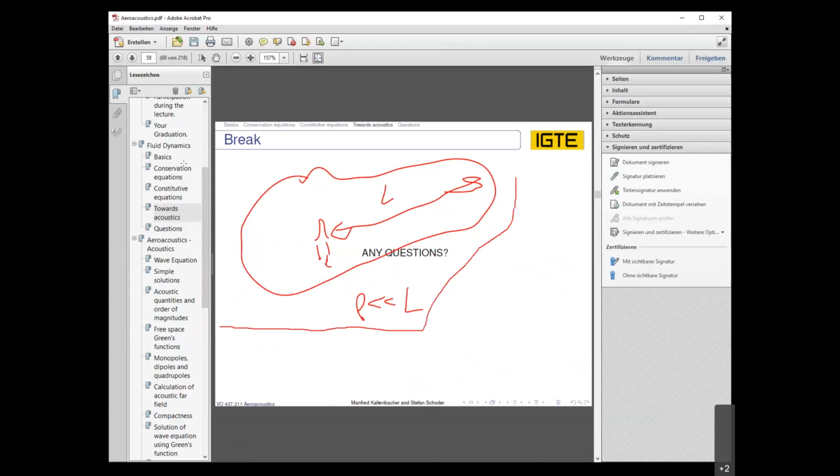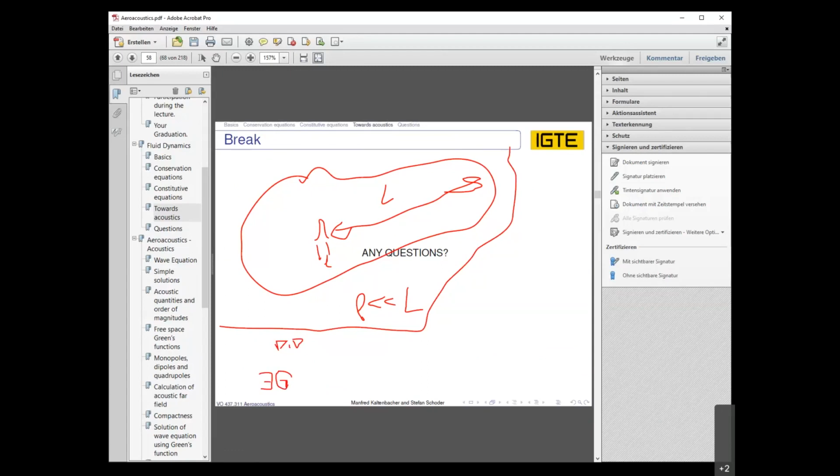I'll probably explain here. So if you have a differential equation, and let's say we have here any differential operator, then there exists a Green's function.